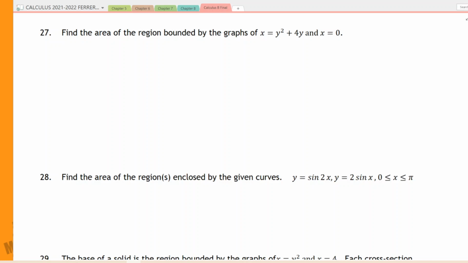So for 27, we've got the area of the region bound by the graph x equals y squared plus 4y, and x equals 0. To start backwards here a bit, x equals 0 is actually the y-axis. And then this second function, x equals y squared plus 4y, that's going to be a parabola, but a sideways parabola.